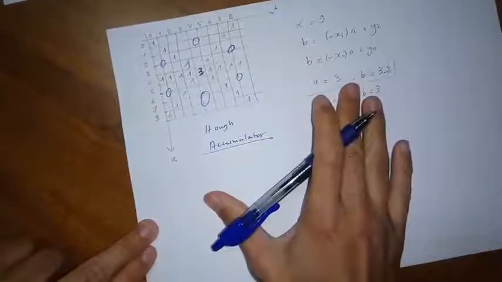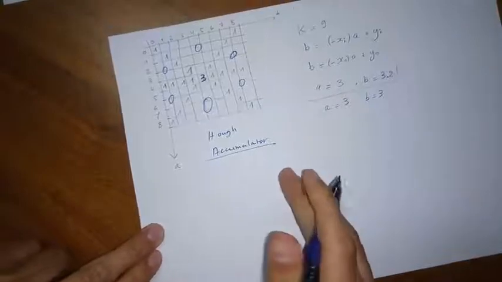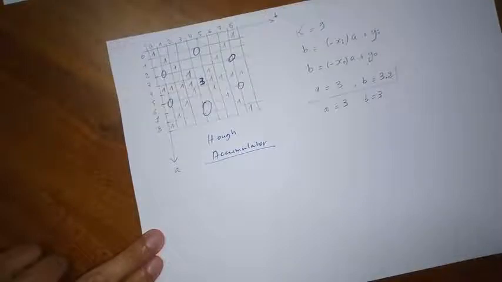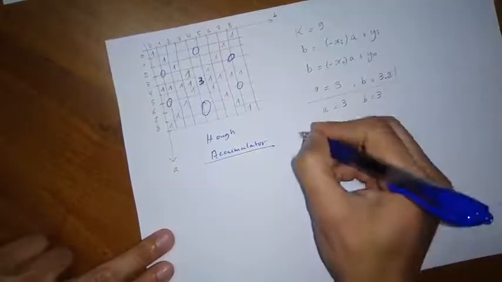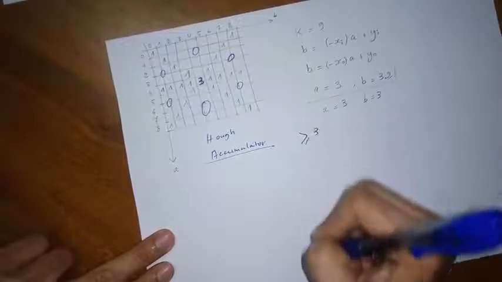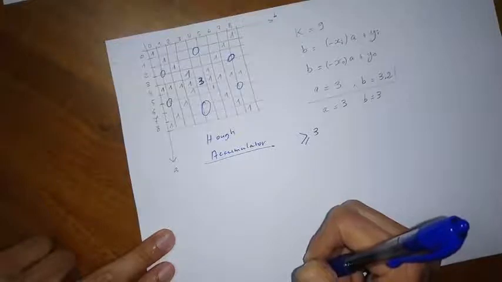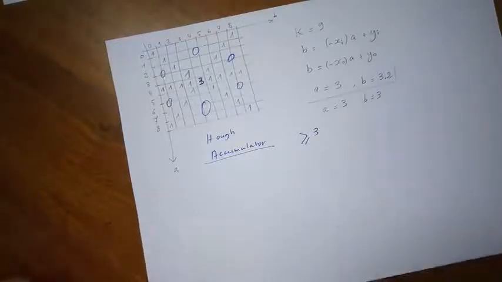One thing that I can say is, if a given slope and intercept, that is a line, has an accumulation that is higher than or equal to 3, so this is my threshold, then take this line as a detected line.